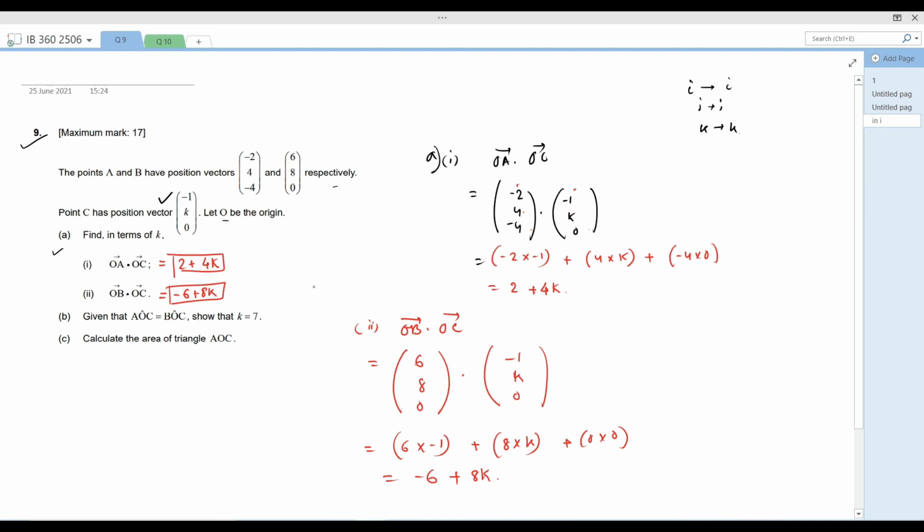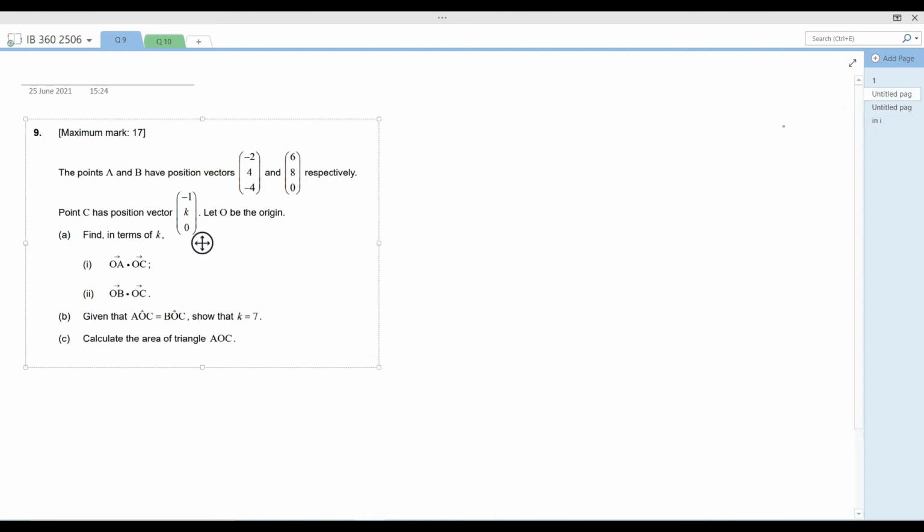Let me take the next slide. Here we found 2 plus 4k and we found -6 plus 8k. Now we need to do the next problem. I am drawing two identical angles, AOC and BOC, which are equal.